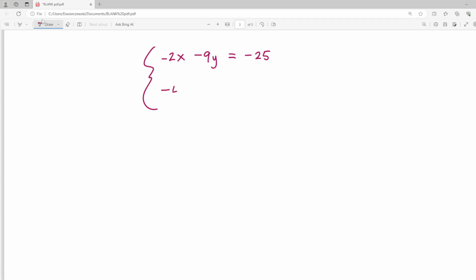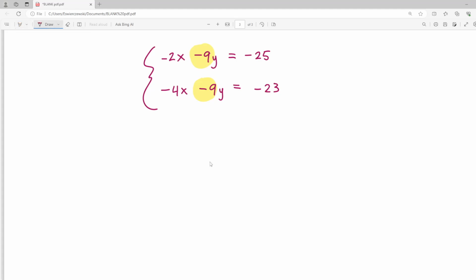The second equation is negative 4x minus 9y equals negative 23. Okay, so if you look, our idea is we want the coefficients to be the same or opposite. And if you notice, these coefficients are the same. In the previous problem, they were opposite.